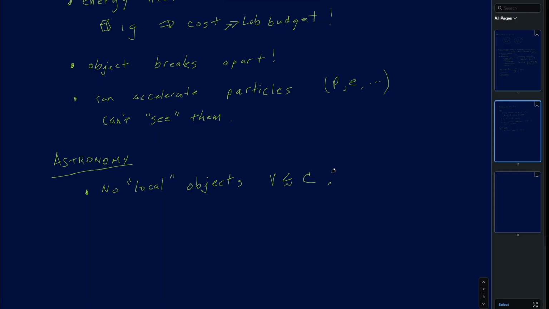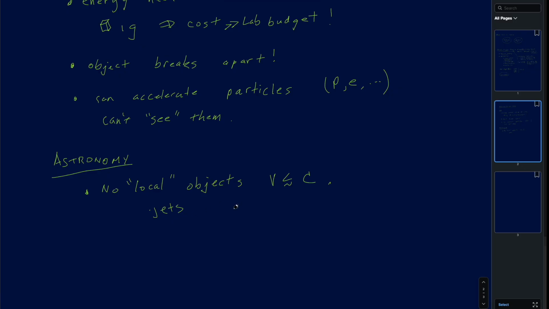Literally none. In our galaxy, for example, there are things such as jets, which are emitted by black holes. These go fairly fast.